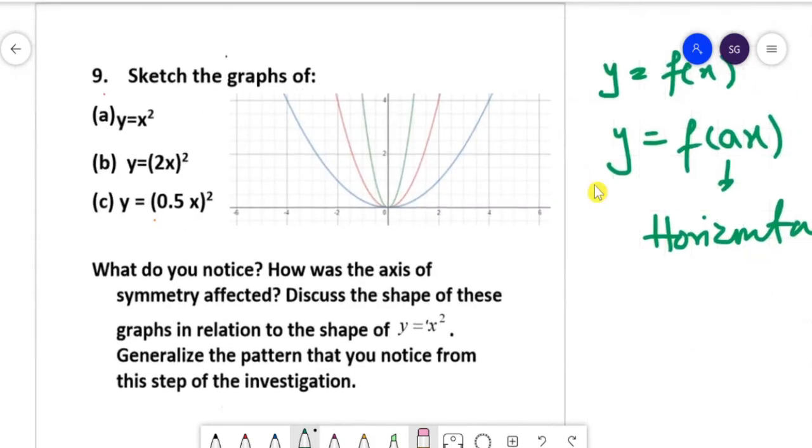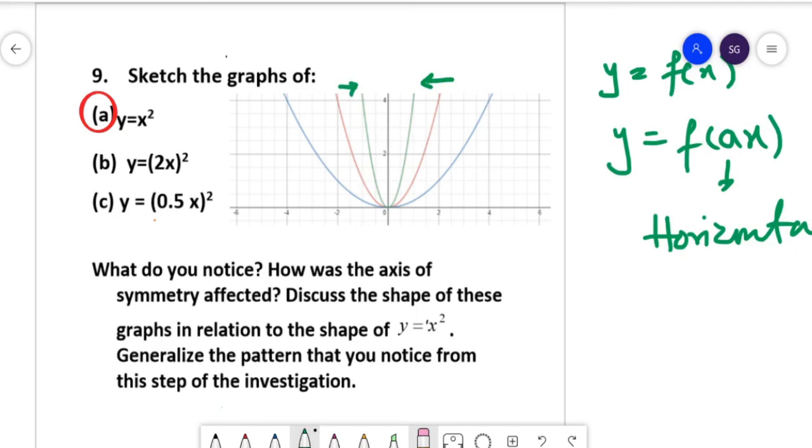Let's see here. So we have the red one as the original graph. And now you can see that the red one is pushed inwards towards the y-axis to get the green one. It means it's a compression.